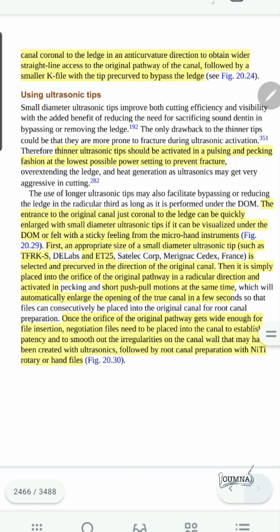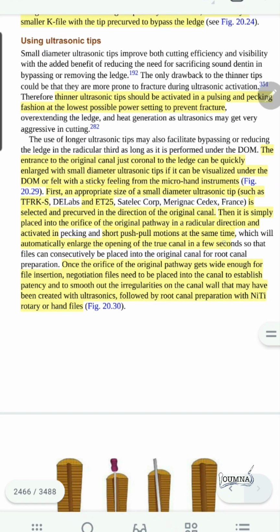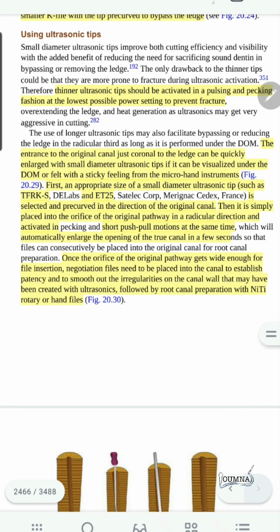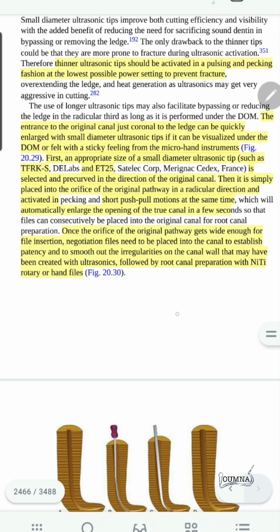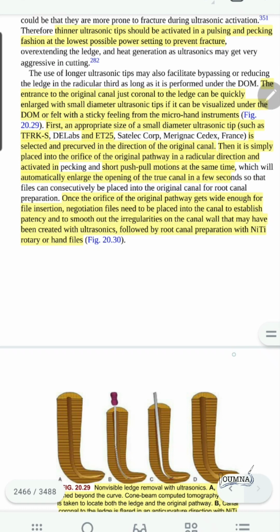After we insert it in the right direction, we do an activation in short push and pull motions that will automatically enlarge the opening of the true canal in a few seconds. Once the orifice of the original pathway gets wide enough for file insertion, we insert a negotiation hand file to establish the patency and to smooth out the irregularities of the canal.